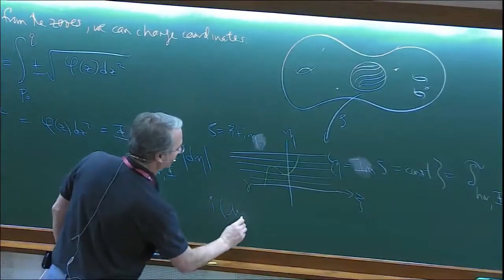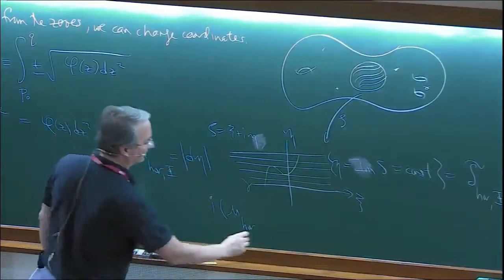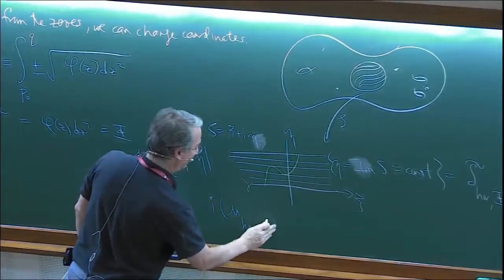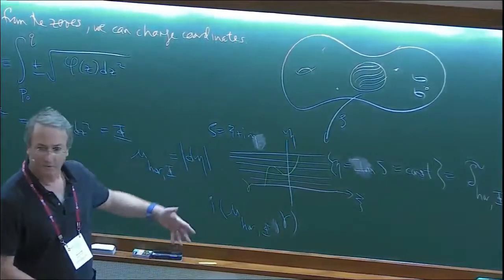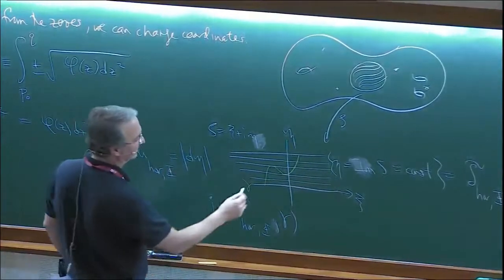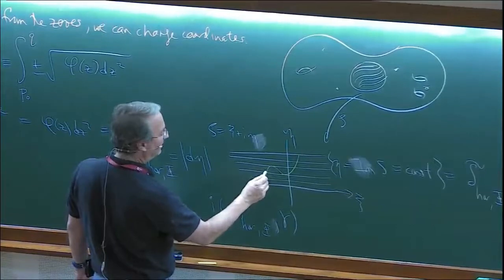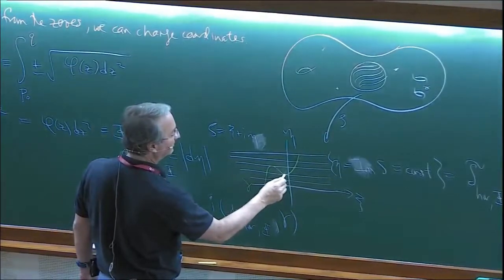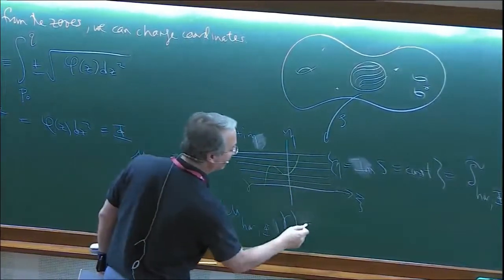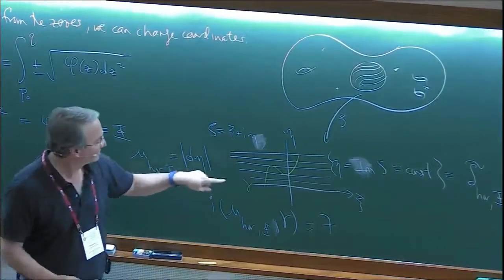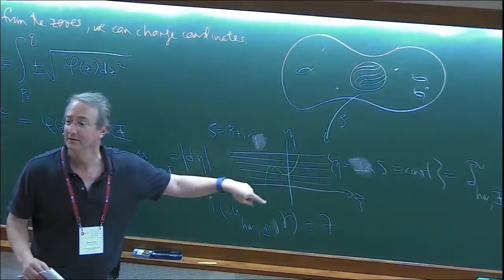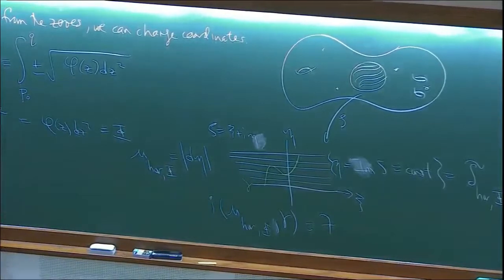I'll look at the intersection number of the horizontal measure of phi against the curve, and what do I get? This is a dumb statement, but you'll understand. 1, 2, 3 plus 1 makes 4, 5, 6, 7. I get 7. How many leaves it crosses as a measure? And I'm using absolute value, so I don't cancel. Okay?